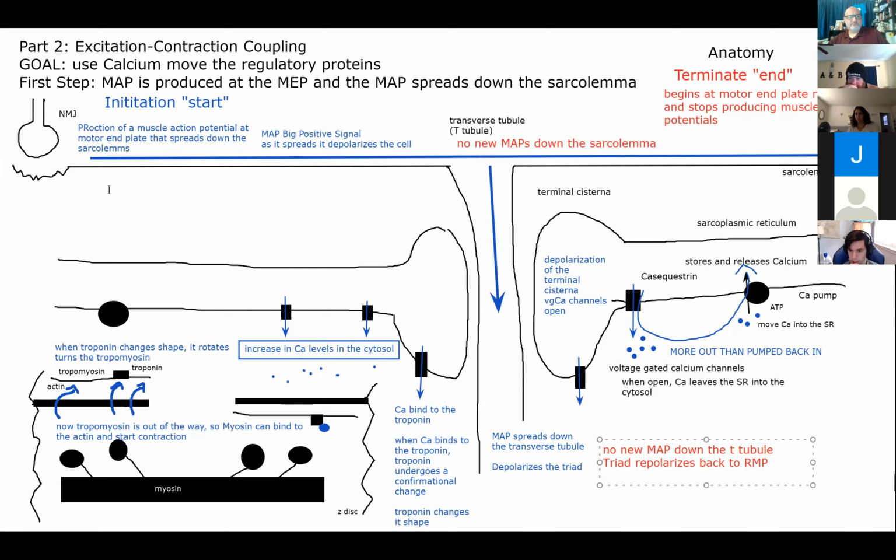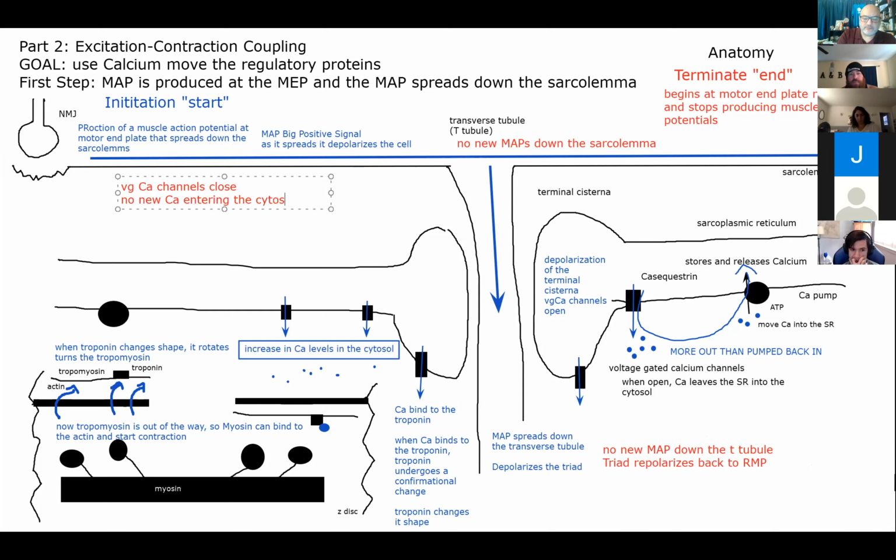Voltage gated calcium channels closed. Excellent. What's the immediate effect of that? Decreases the calcium levels in the cytosol. Well, close. What closing the calcium channels does is stop calcium from leaving. So there's no new calcium entering the cytosol.